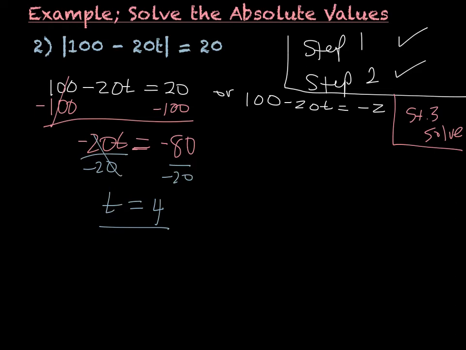And the other part, subtract 100 from both sides. And this is a 20, not a 2. So I'm subtracting 100, and that's going to give me negative 20 minus 100 here. So I get negative 20t equals a negative 120.